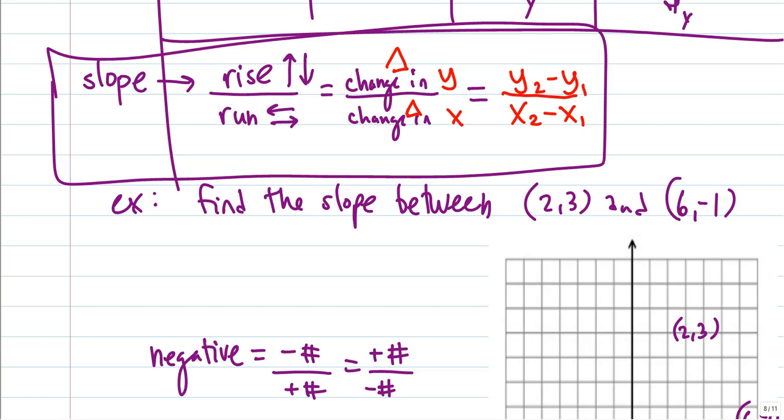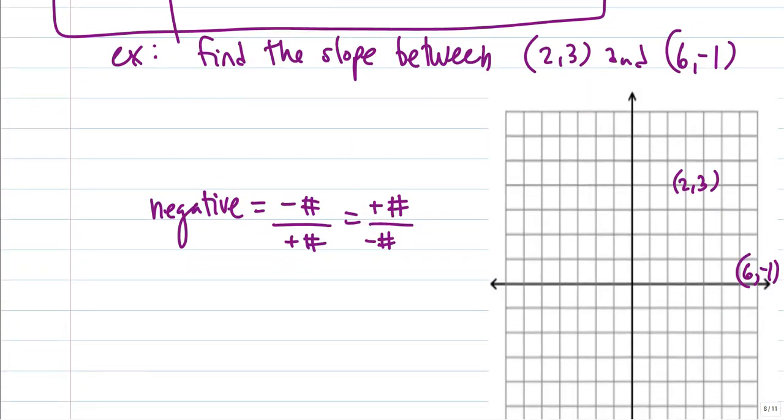So it's going to ask me for the slope between points. So for instance, here's the slope between (2, 3) and (6, -1). What bothers me is yes, there's going to be a formula for this, but you could physically plot these points and see the slope.